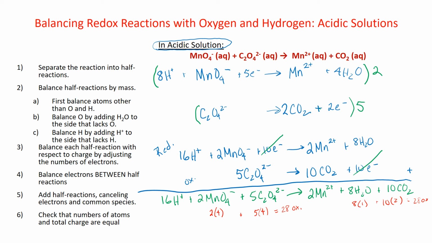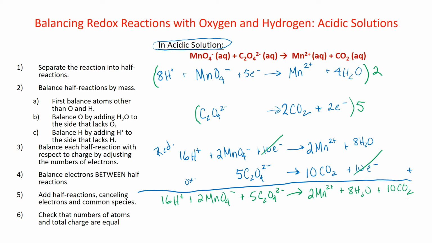Now we're going to deal with that charge balance. For the charge balance, we're going to add up all the charges on the left-hand side and compare it to all the charges on the right-hand side. So for that first term, I have 16 hydrogen ions, each with a +1 charge.